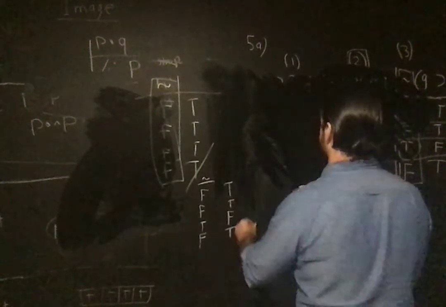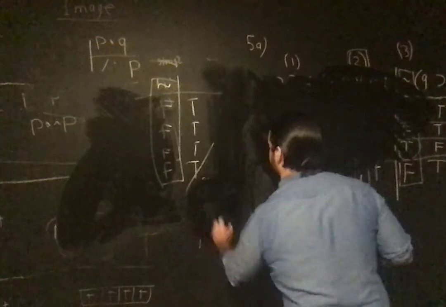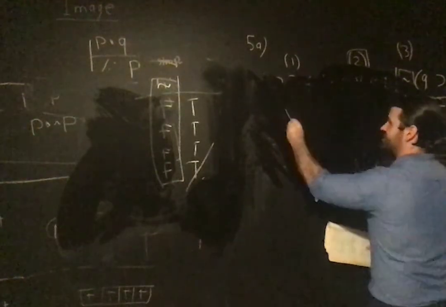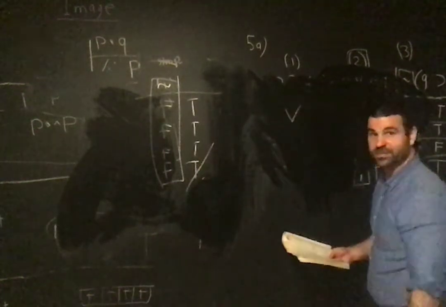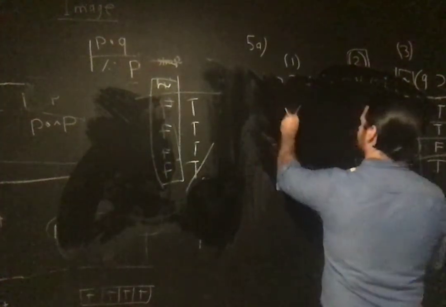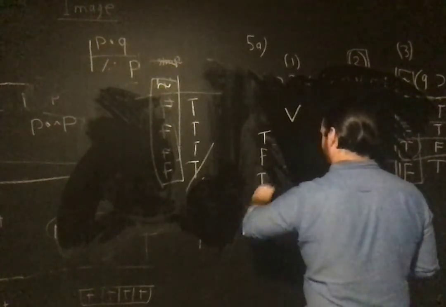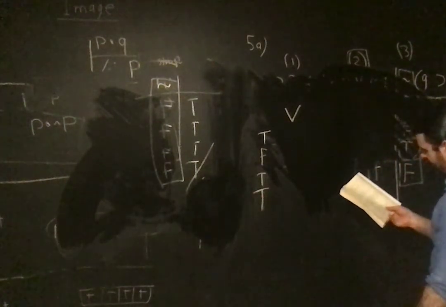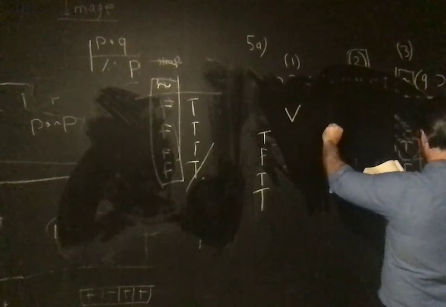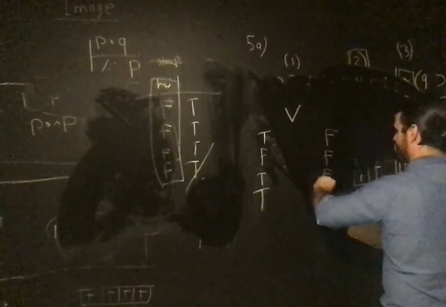Think of it like this. You're asked about a disjunction, right? So a disjunction of what? Disjunction of a contingent form and a contradiction. So a disjunction of T, F, T, T, or whatever, and a contradiction, F, F, F, F, right?